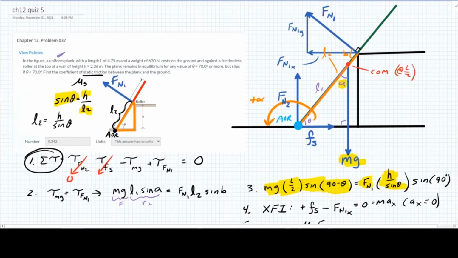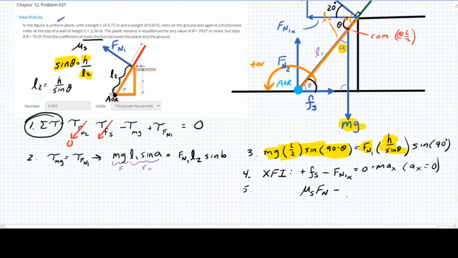If this is theta here, then this is theta here. For me, theta is 70, so that's 70. This has to be 20, is one way of doing it. Fn1x is Fn1 cos theta.